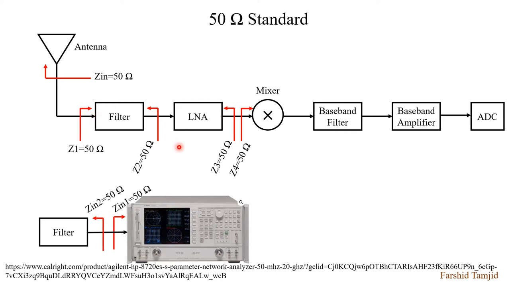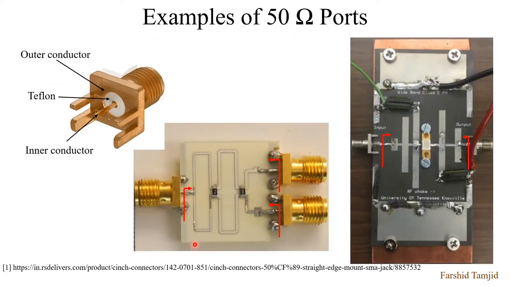For example, with some LNAs, sometimes you don't design for a good input match, and sometimes you do, but we will talk about them later. Generally, accept this from me: we need to design with the 50 ohm standard to be able to measure whatever we are designing in our lab.